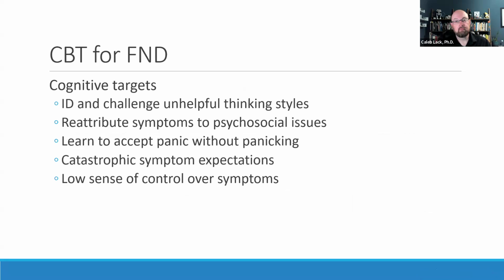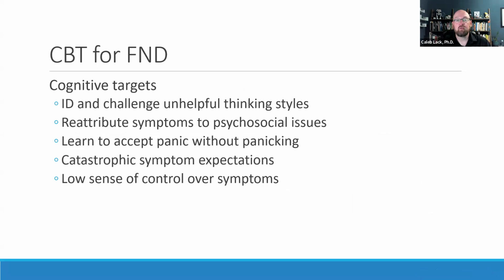Target wise, these are going to look pretty similar to most of your cognitive behavioral work, challenging unhelpful thinking. So using cognitive restructuring, learning how to reattribute the symptoms I'm experiencing to psychological and psychosocial issues.